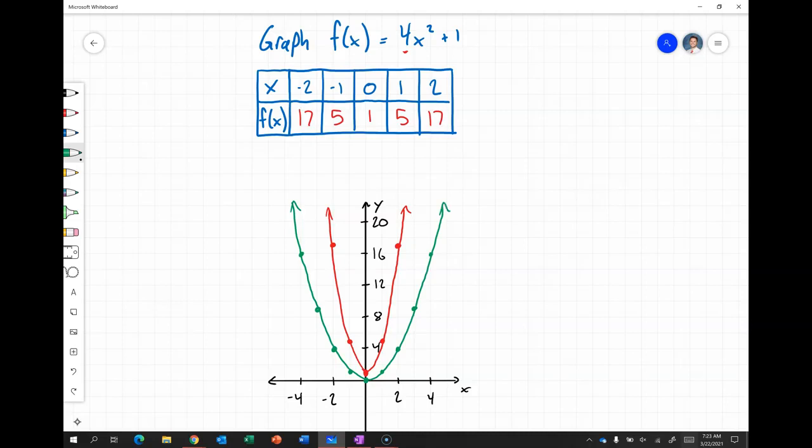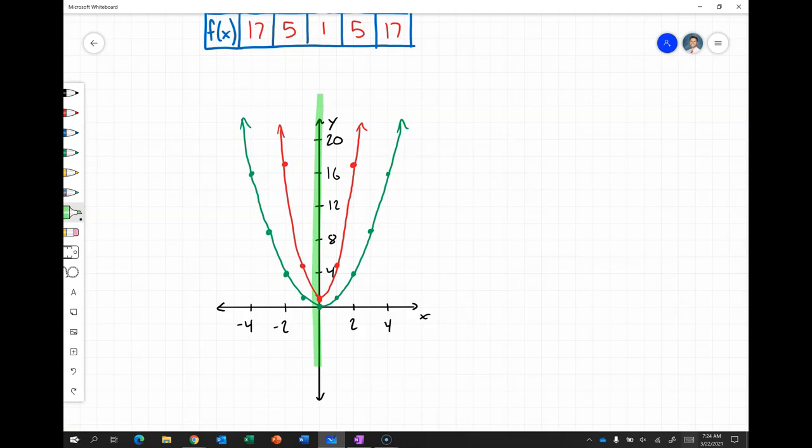So we can see 4x squared plus 1 is a vertical stretch by a factor of 4. And we can also see it is translated 1 unit up from our parent function f of x equals x squared. You can see that they still both have the same axis of symmetry, which is x equals 0.